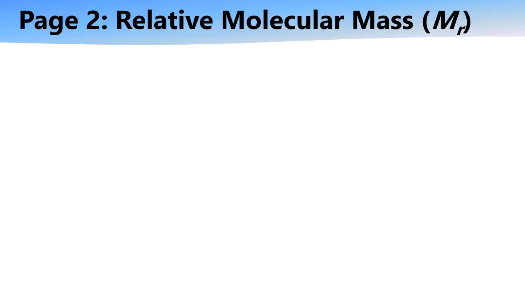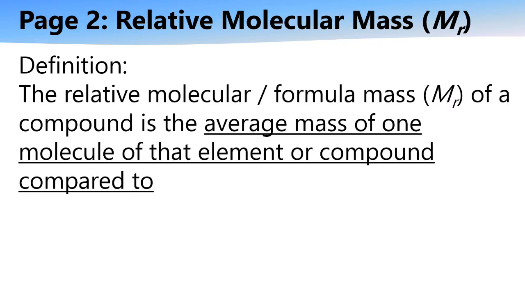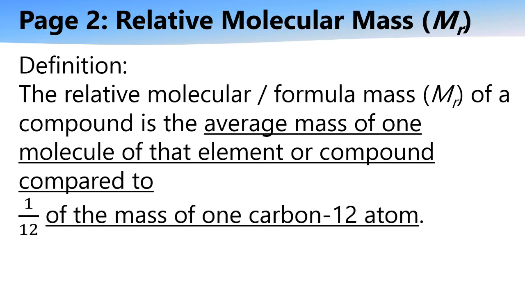Turning to page 2, relative molecular mass. The definition is very similar to the relative atomic mass. The relative molecular or formula mass of a compound is the average mass of one molecule of that element or compound compared to 1/12 of the mass of one carbon-12 atom.